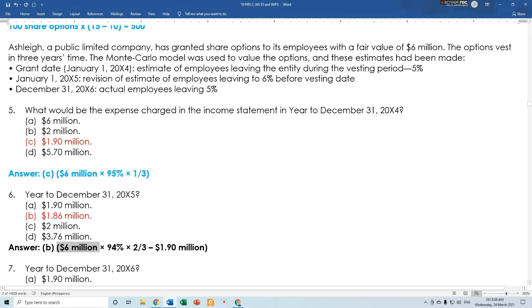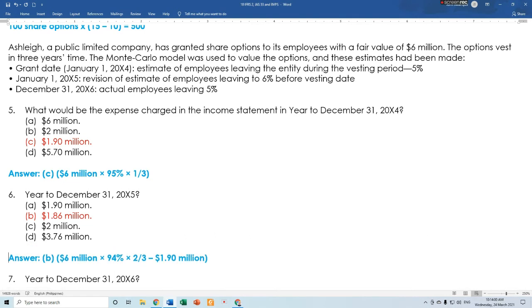So, 94% yung mariretain. Multiply mo ng 2/3. Yun na yung total, ito na yung cumulative na na-earn ng employees. Ibawas natin yung last year na 1.9 para makuha natin yung pang this year. So this year, that's going to be 1.86 million.